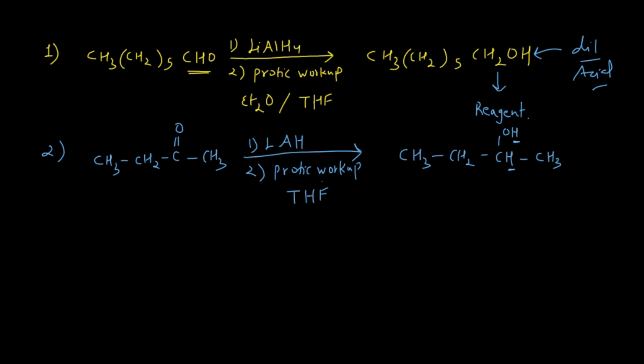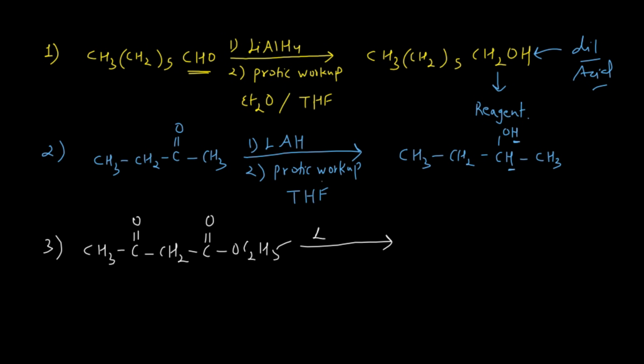Okay, and a variety of reactions are there. Now suppose these are the aldehyde and the ketones. Say you are having this compound, CH3, C double bond O, CH2, C double bond O, OC2H5. This is your active methylene compound, and you can do the same reaction. You can take your LAH, lithium aluminium hydride, and of course you will do the protic workup as well, or you can write H positive over there.